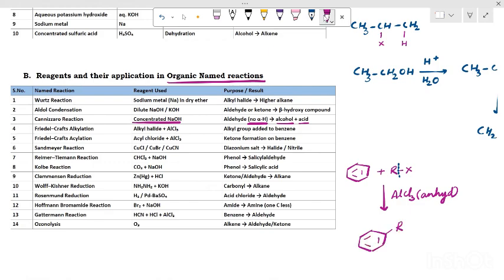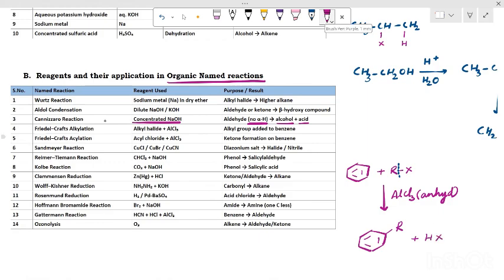And remember one thing, the carbocation so formed in this reaction opts for rearrangement to form a more stable carbocation via 1,2 hydride shift or 1,2 methyl shift. So this is alkyl benzene.